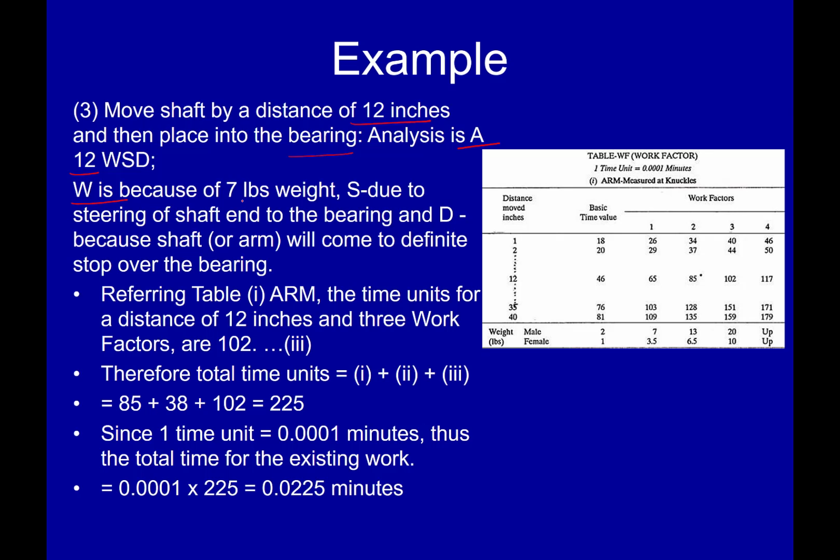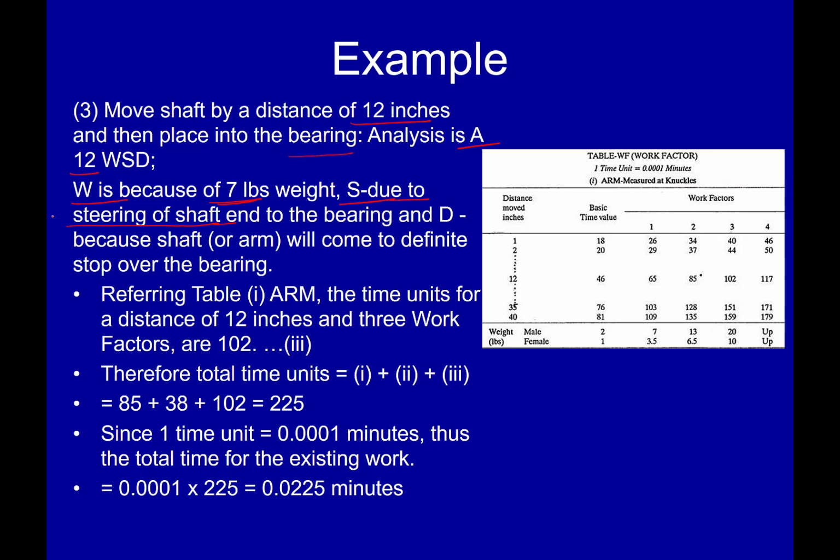The weight to be moved is 7 pounds, and S is steering, a controlled movement of the shaft needed to get one end into the bearing. So it is called steering of the shaft.